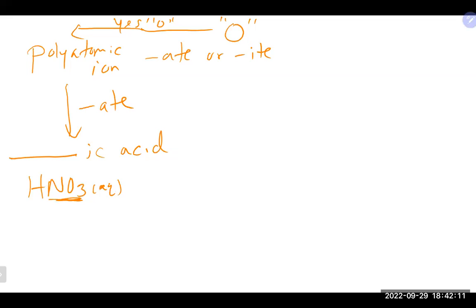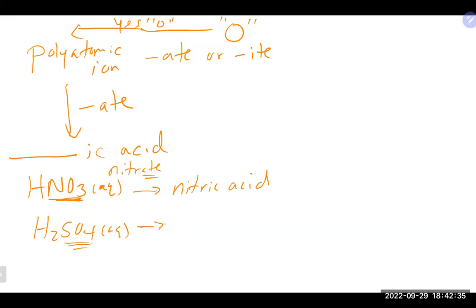It has a polyatomic ion, which is nitrate, ate. This then would be nitric acid. We do H2SO4. That has oxygen. It's an acid. SO4 is sulfate. This will be sulfuric acid.